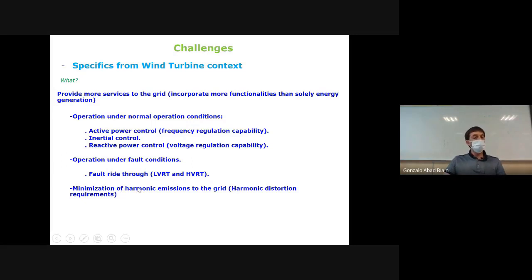And then another challenge that is very important, and increasingly demanded, is the minimization of harmonic emissions to the grid. Wind turbines are based on power electronic converters, and power electronic converters create voltage harmonics and therefore create current harmonics.